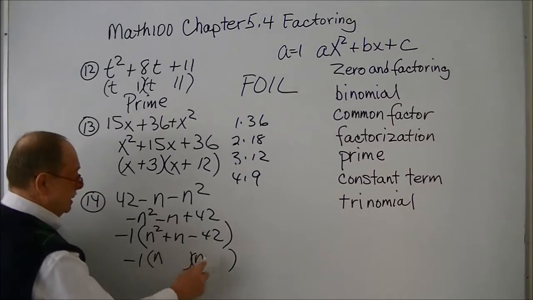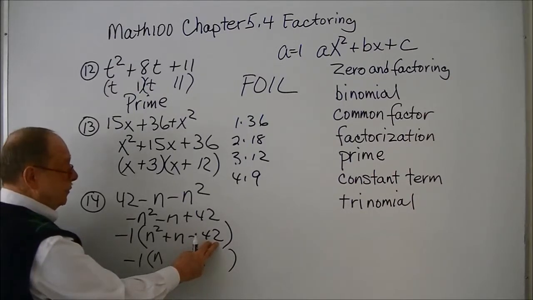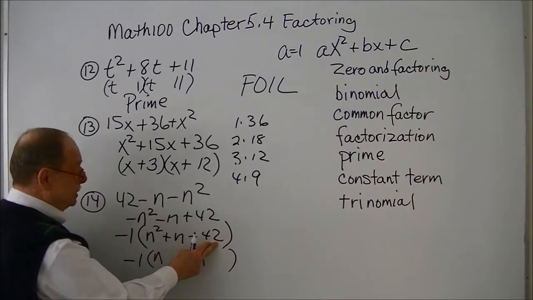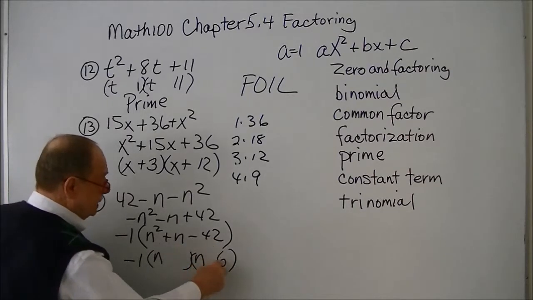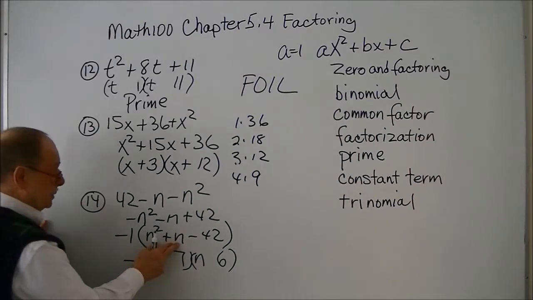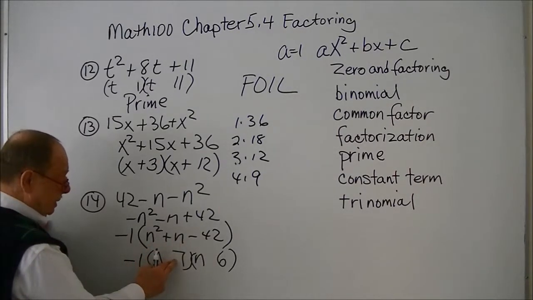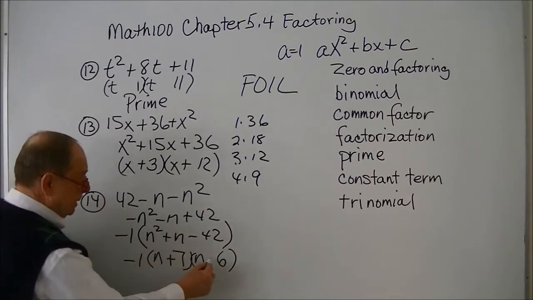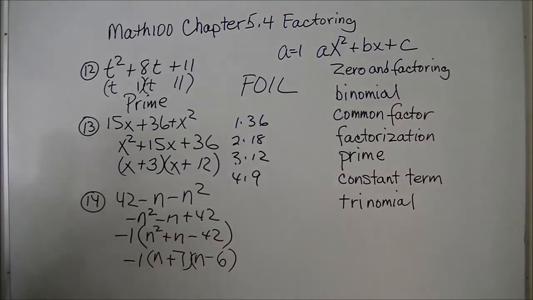An n and an n. And then factors of 42 that have a difference of 1. Well, the common ones that jump into my mind are 6 and 7. And we want our middle term to be positive. So the larger number here needs to be positive, and the other one is negative. And that's our answer.